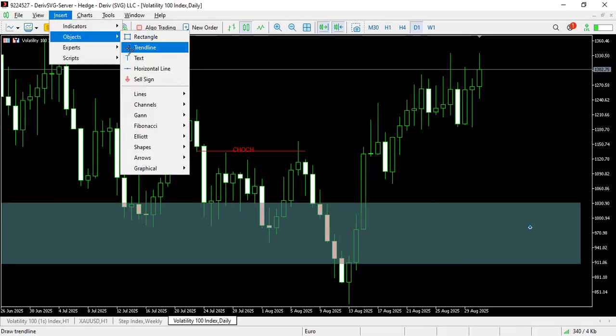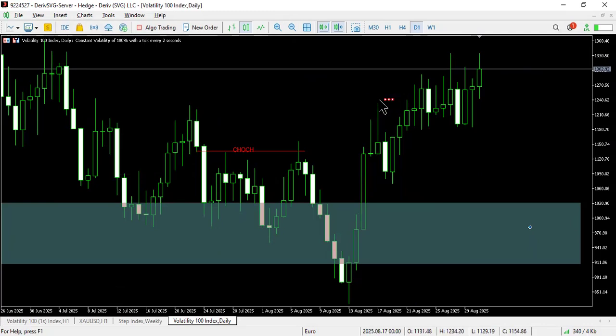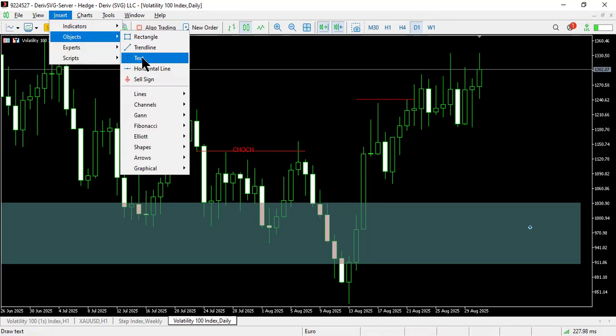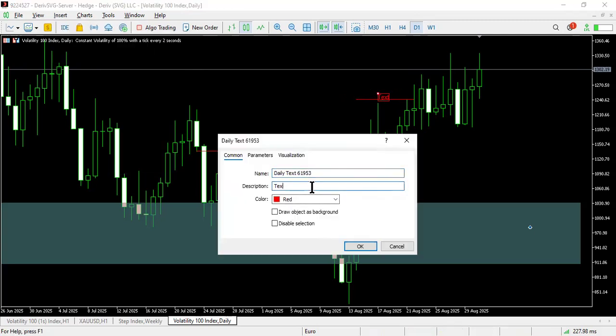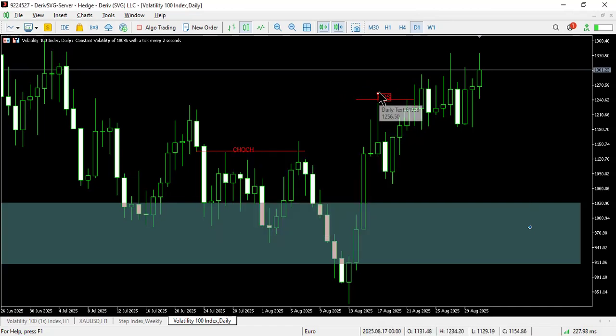the recent structures, you can see price is now breaking structures to the upside as we are in a bullish trend. So that is a break of structure.